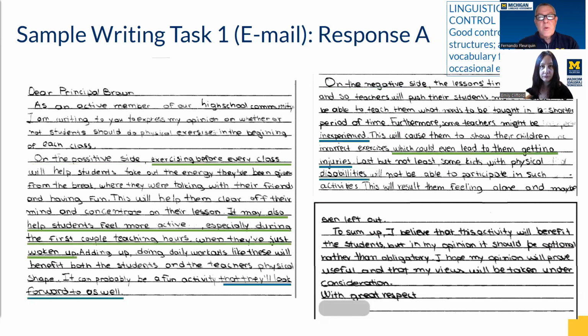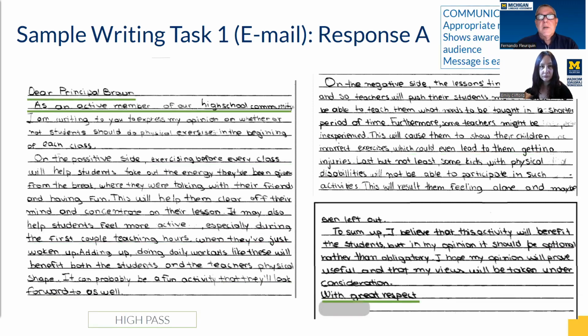In terms of linguistic range and control, the writer uses simple as well as complex structures appropriately and accurately. They're correctly used. There are gerund phrases, adjective phrases, more complex structures in general, and very good use of vocabulary, which is appropriate for this particular context. A few occasional errors are not really distracting.